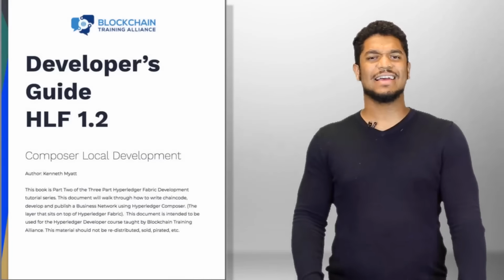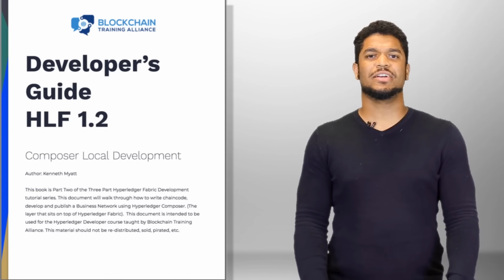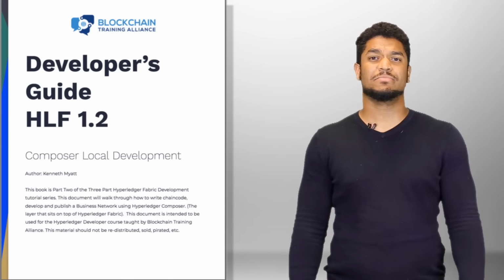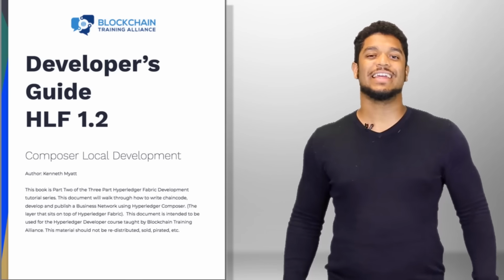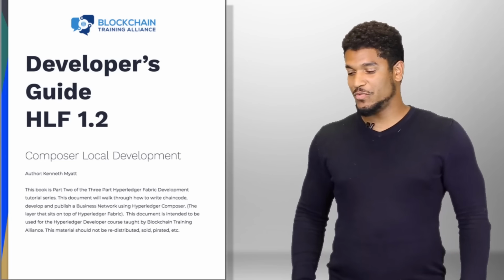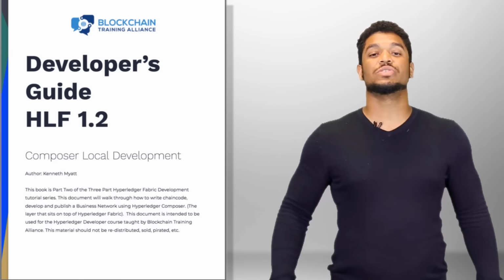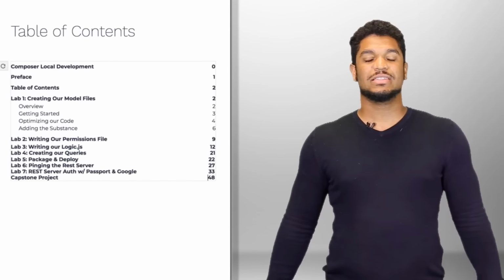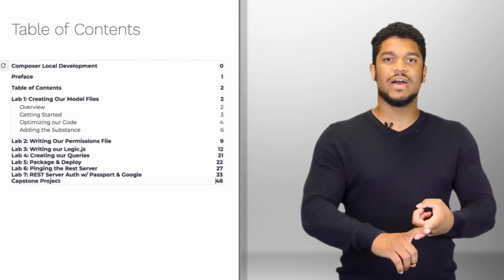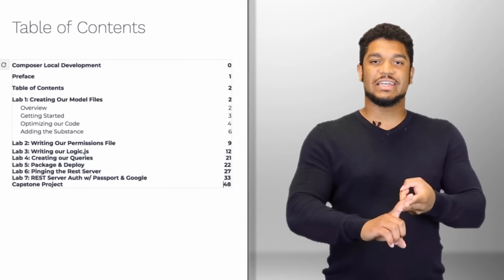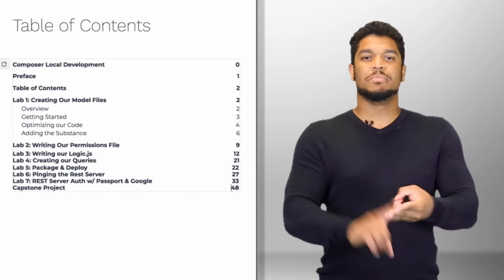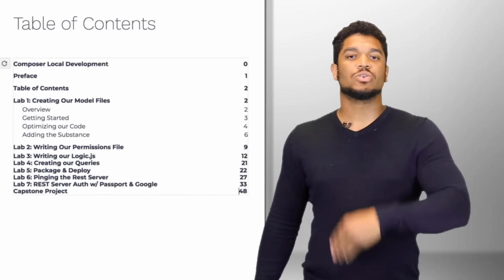Hi guys, it's Ken with the Blockchain Training Alliance, and I'm here to tell you about some major developments that we made in Hyperledger Fabric. We've written a lab guide that teaches you how to go from zero to hero using composer development. This teaches you how to write model files, create transaction processors, write permissions files, and also queries.